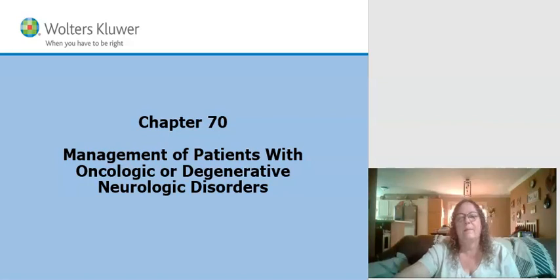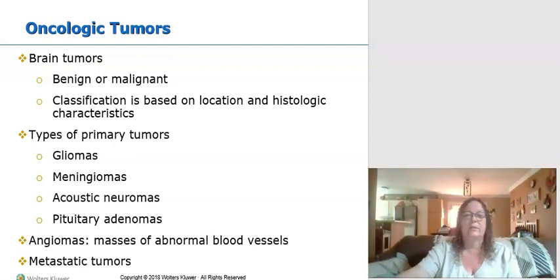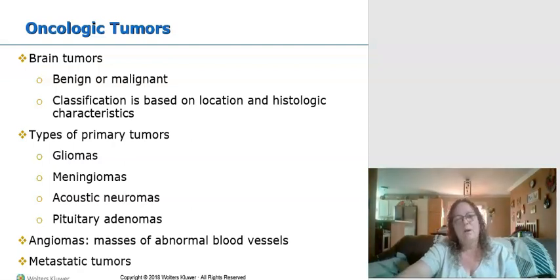And we're back. Okay, so we're going to talk about oncologic tumors. Because we're talking about the central nervous system here, these brain tumors could be benign or malignant. They are classified based on their location and histologic characteristics.